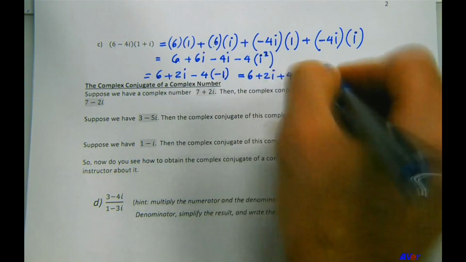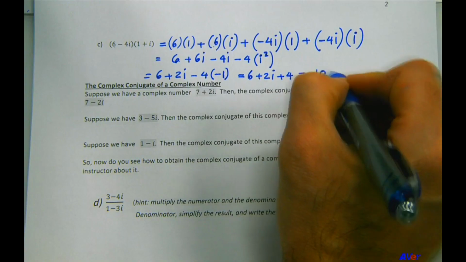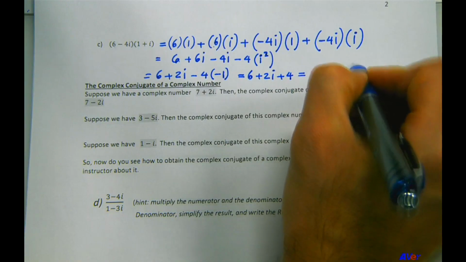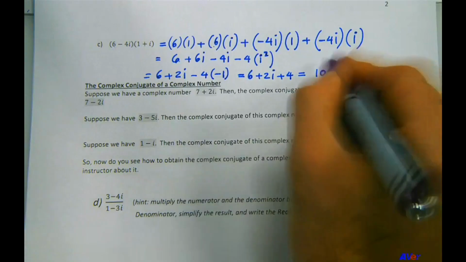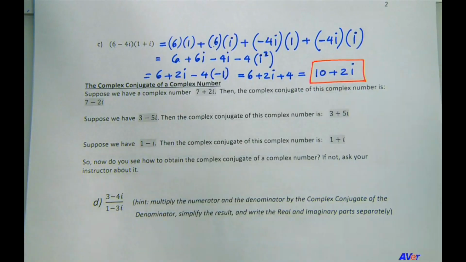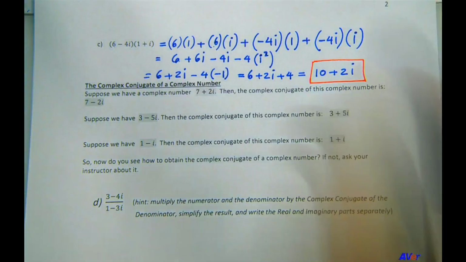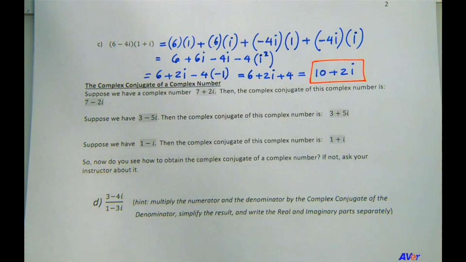So what do we have? We have 10 plus 2i. Okay? What is the real value of this complex number? 10. What is the imaginary part of it? 2.